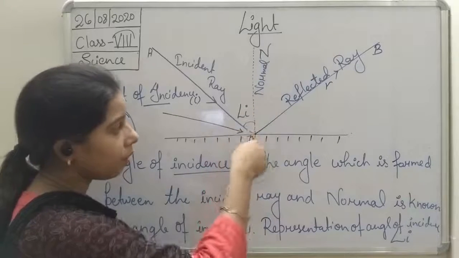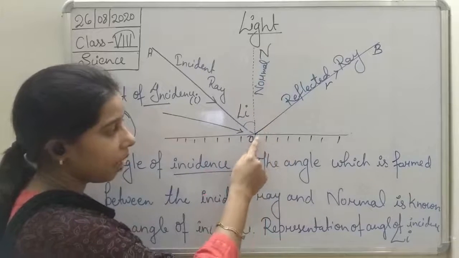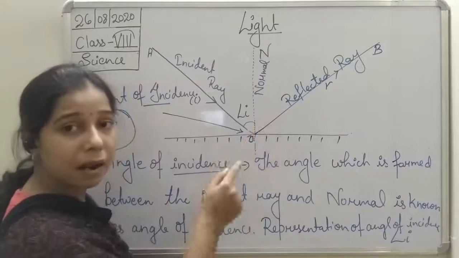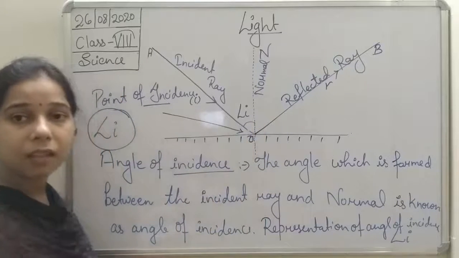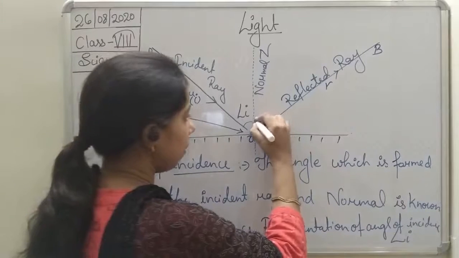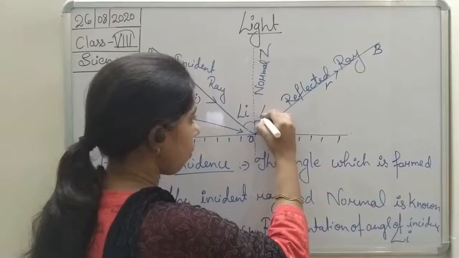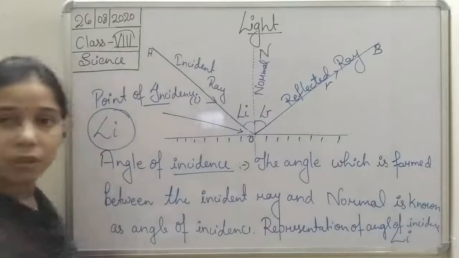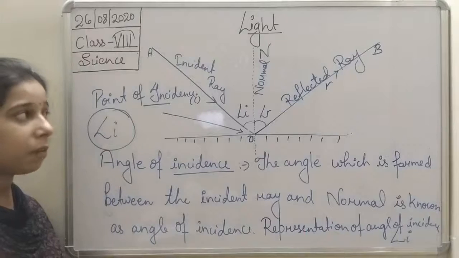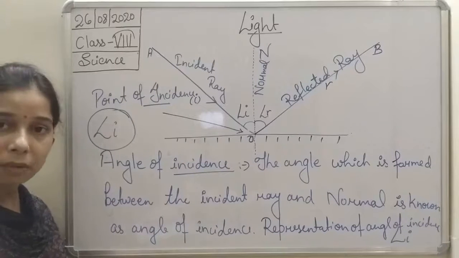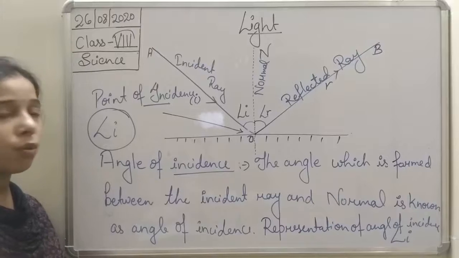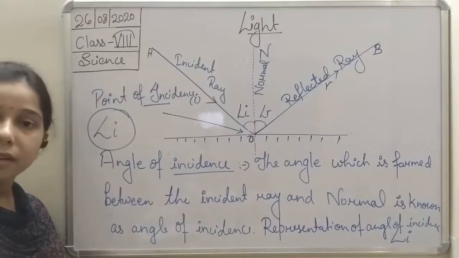The normal ray and the reflected ray meet at a point and form an angle between them. This angle is known as the angle of reflection.